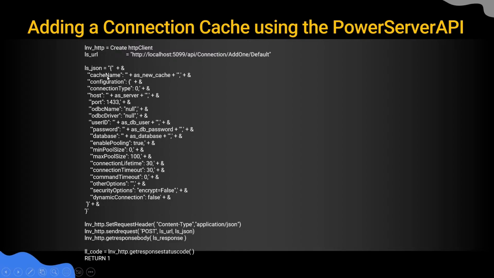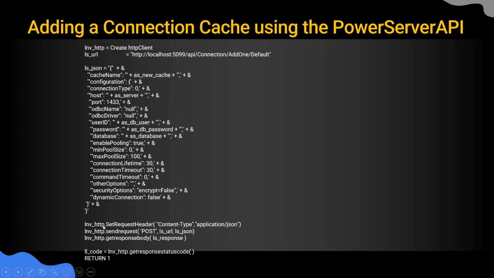So you say the name of the connection cache, you say in the configuration the connection type, the host, the port, the user ID, the password, and the name of the database. You can specify the pool size. I have defaults right here for the demo.